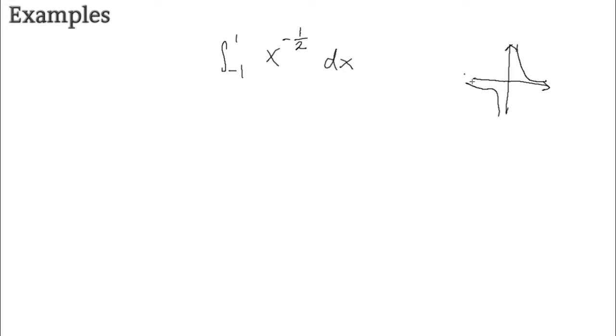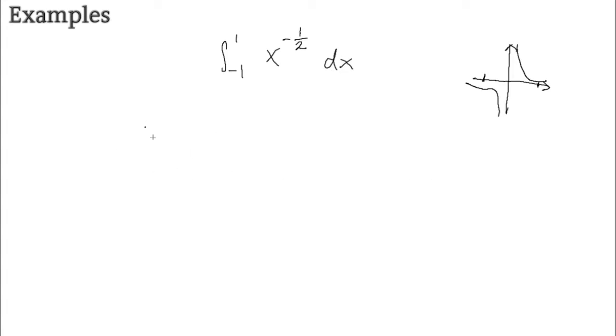So we have two asymptotes, the x-axis and y-axis, and we need to integrate between 1 and negative 1 on the x-axis, which gives us a problem. We have an asymptote in the middle, and the definition of integration requires you to find a continuous curve. So this will not be continuous.